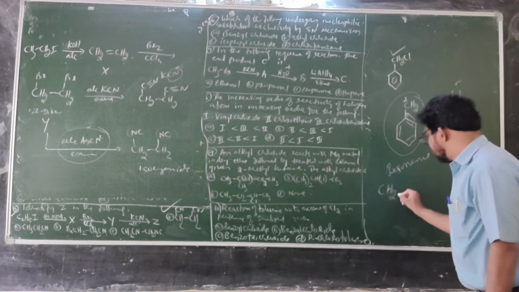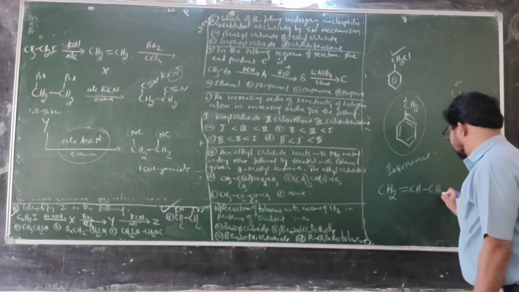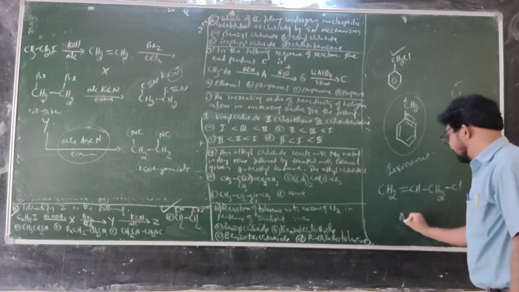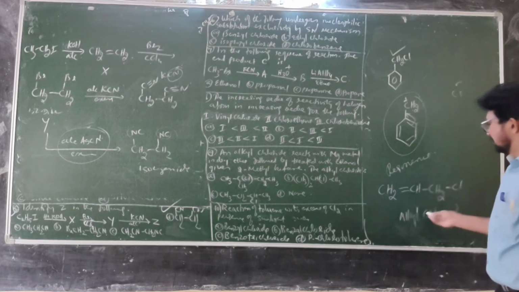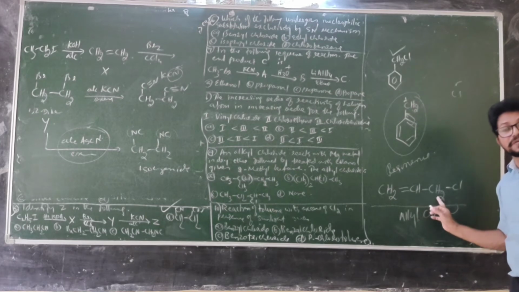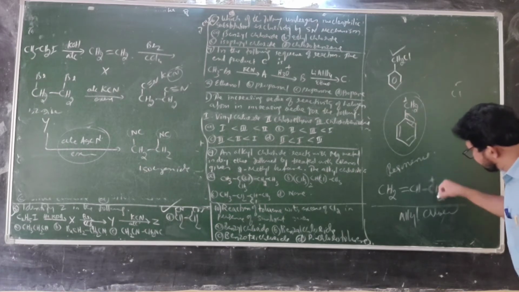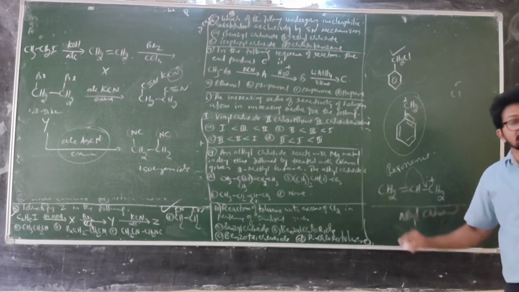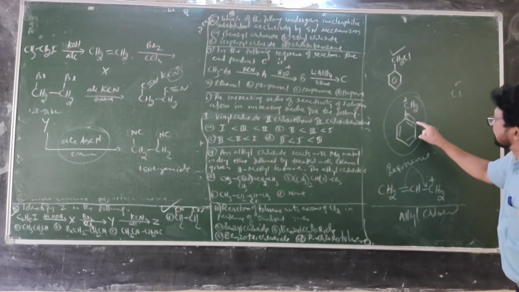Another example I will take. CH2 double bond CH, CH2Cl. This is allyl chloride. So in allyl, even though it is primary, the resultant carbocation is stabilized, as the plus charge comes to this place.